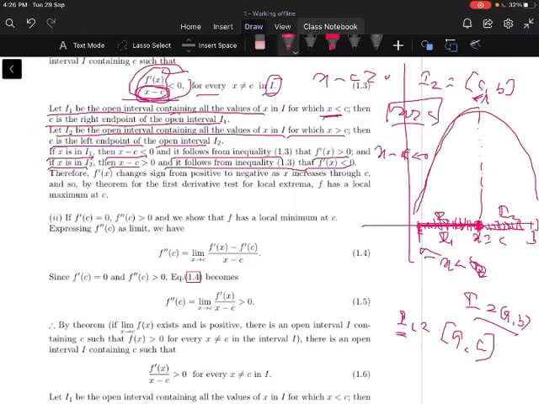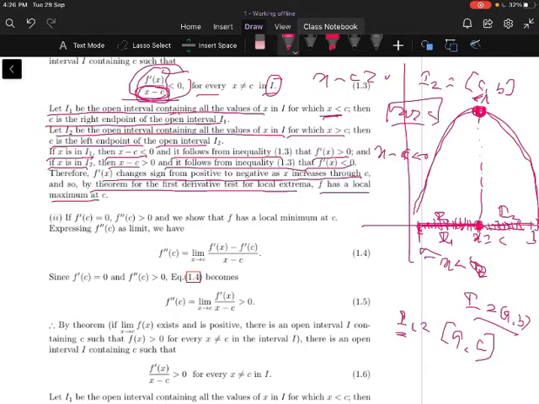We can observe that in the first interval, f dash of x is positive. For the second interval I2, f dash of x must be negative. Therefore, f dash of x changes sign from positive to negative as x increases through c. So, by the first derivative test for local extrema, f has a local maximum at c.